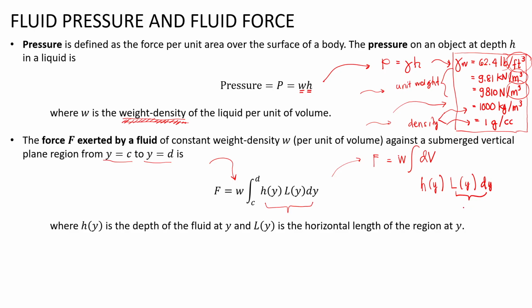This term here is coming from the horizontal strip of the submerged plane or of the submerged body, the horizontal strip of the object or of the body submerged at a certain depth.